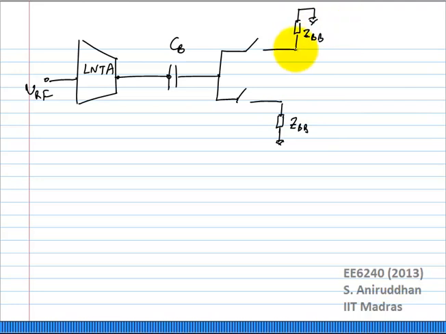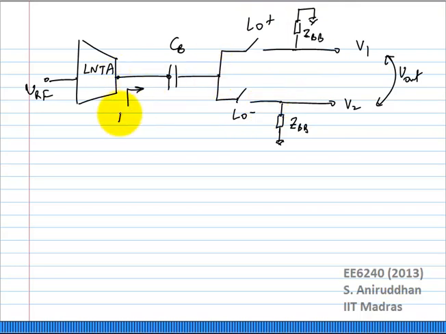This generates a voltages, let's say V1 and V2, and the output is taken as a difference between V1 and V2. This gets LO plus, this gets LO minus, and let us say this is delivering a current In and generates a voltage Vn at the input.